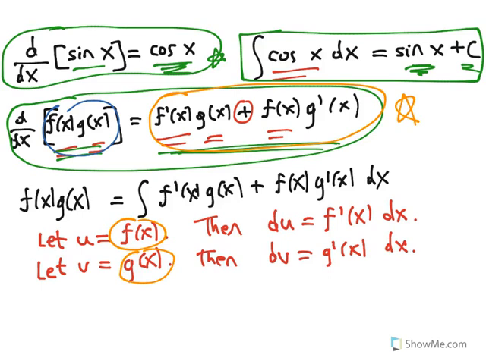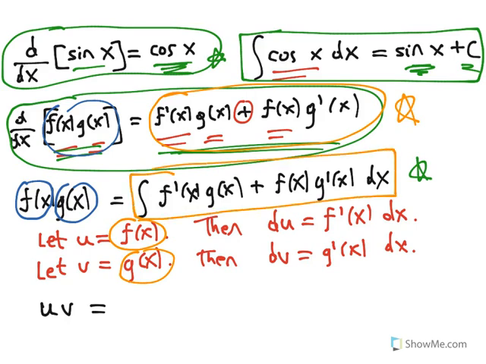So now with this, I'm going to change variables. Wherever I see f of x, I can replace with u, and wherever I see g of x, I can replace with v. So my equation that I have here, which I'm starring green, can now be written as u times v is equal to, and on the right side I have this indefinite integral, and the integrand is a sum.